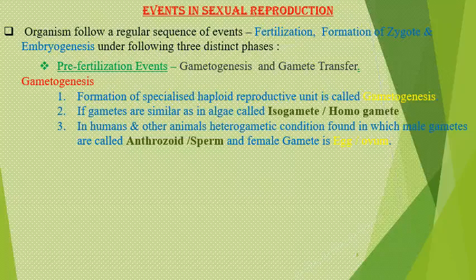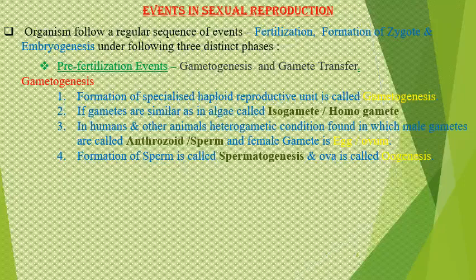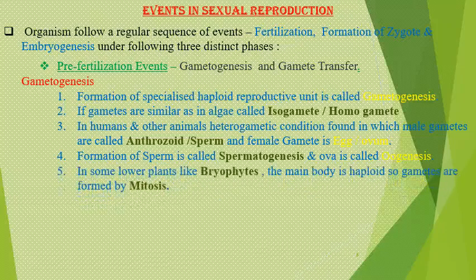Under that, male gametes are called antherozoids or sperm, and female gametes are called the egg or ovum. Formation of sperm is called spermatogenesis, and formation of ova is called oogenesis.